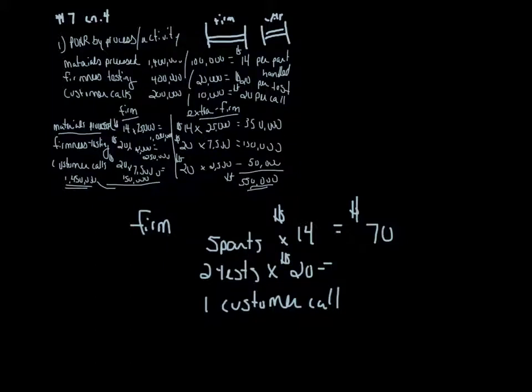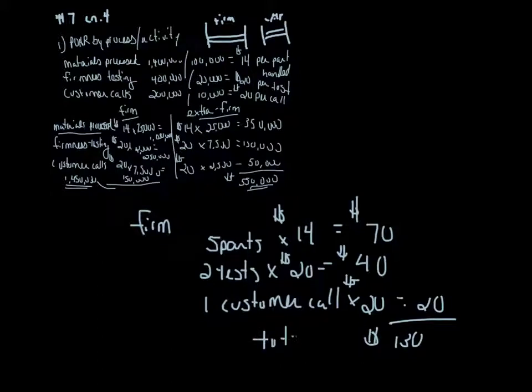Again, going right back up here with that we calculated. That should come out to $40. And then 1 customer call. Again, going right back up here, $20 per call times 1 should be $20. Add all of these up. You get a total of $130, and this is total overhead for the one regular firm mattress.